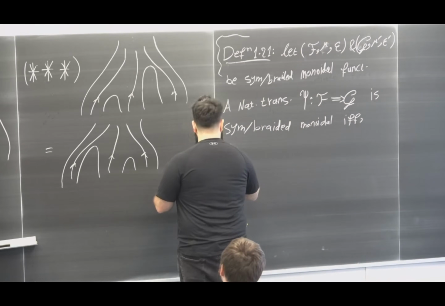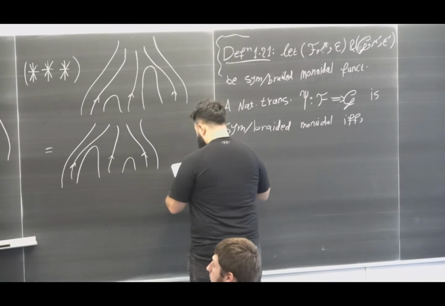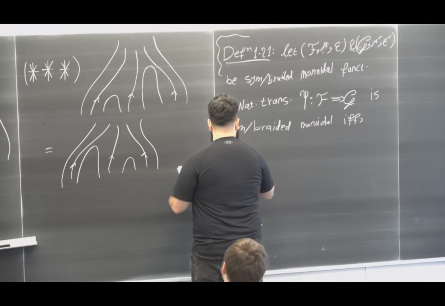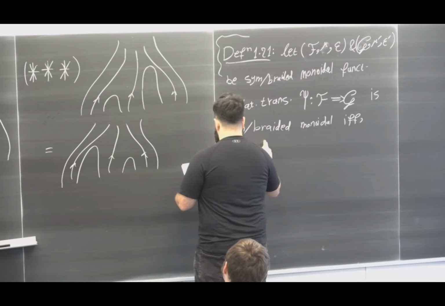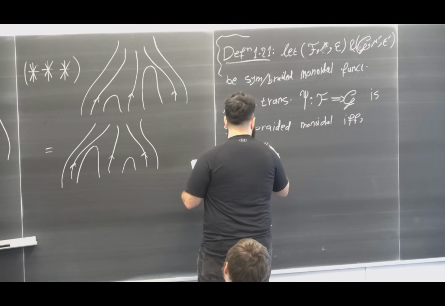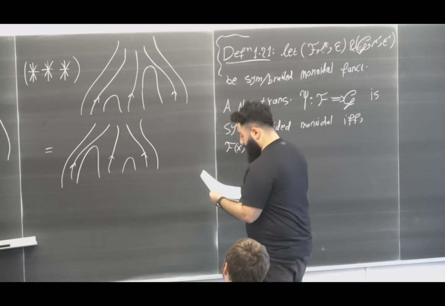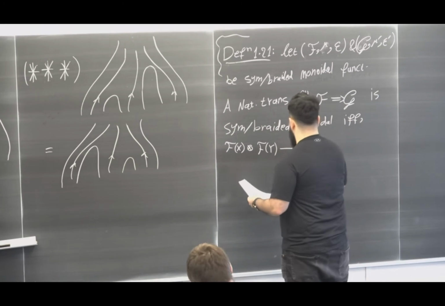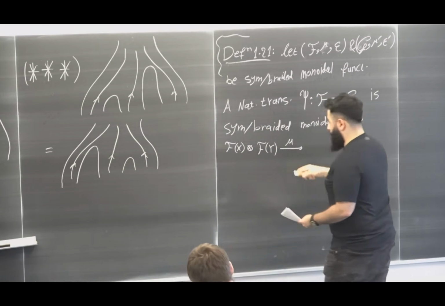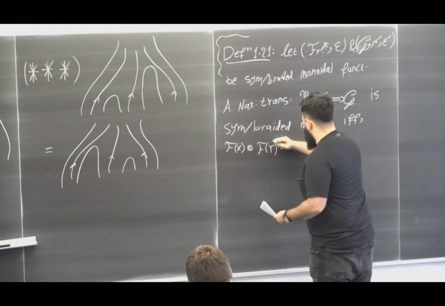Okay. So I have the tensor product of F of x and F of y, and the natural thing that we got used to from last time is to apply mu to this to combine the x and y into one thing.